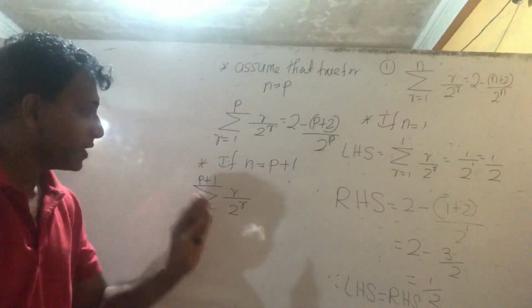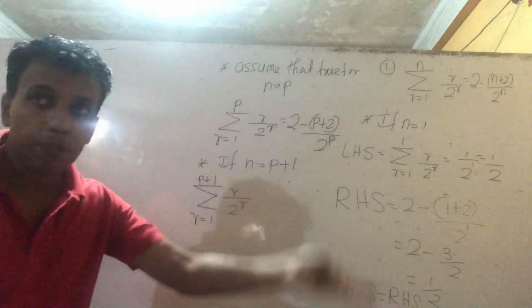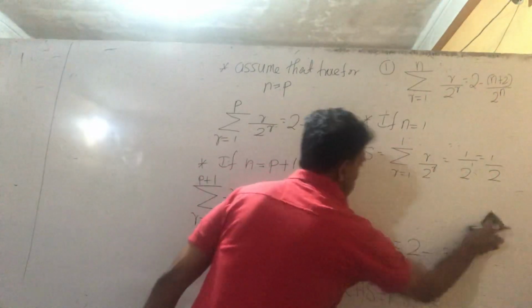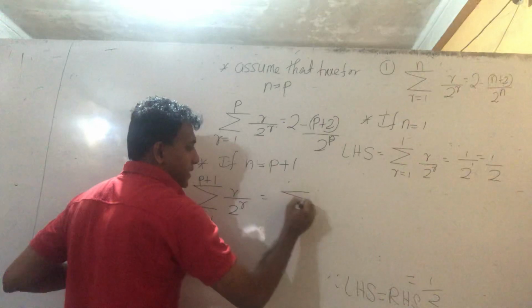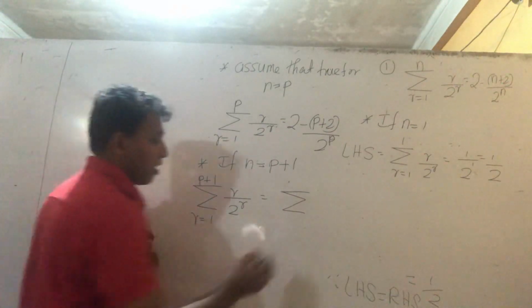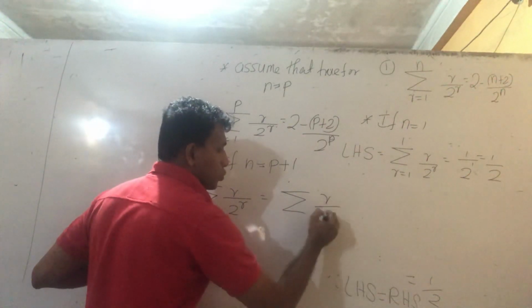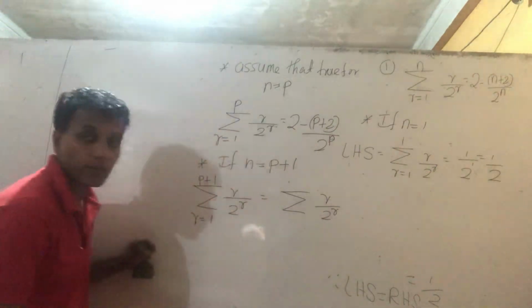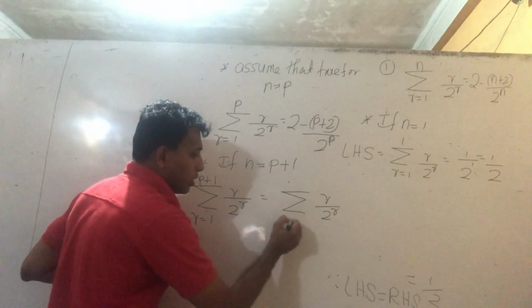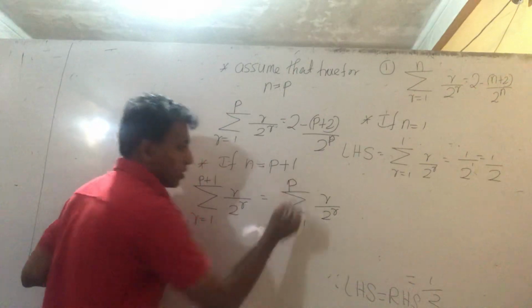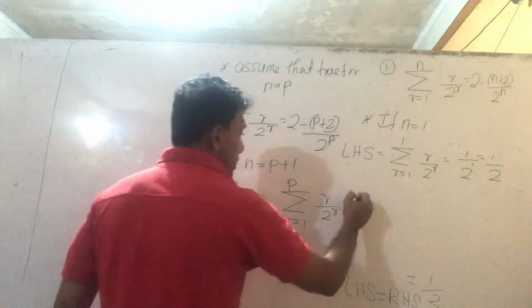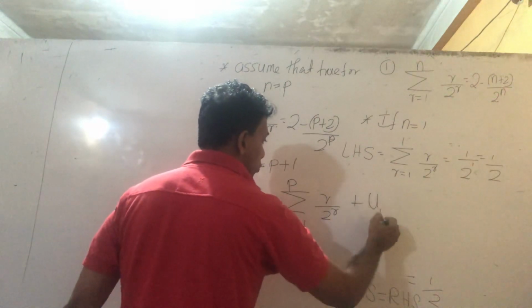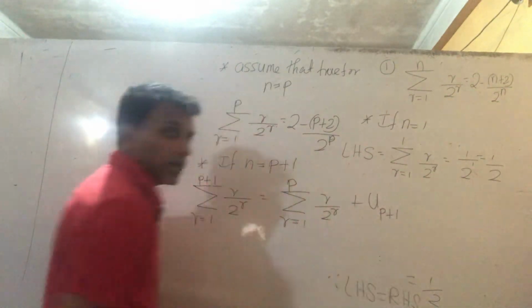How? Add up to p terms and then the p plus 1th term. So it can be shown as sigma r over 2 to the power r, 1 to p, the first p terms summation, plus the p plus 1th term.